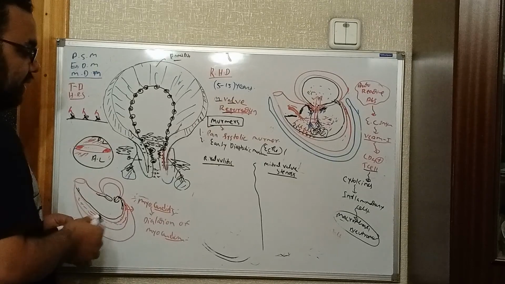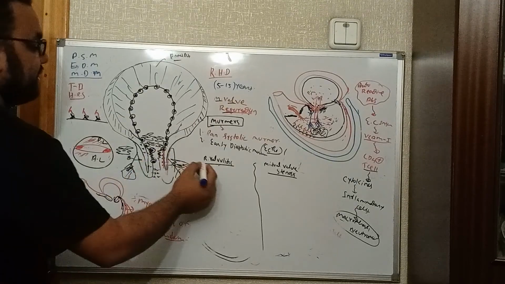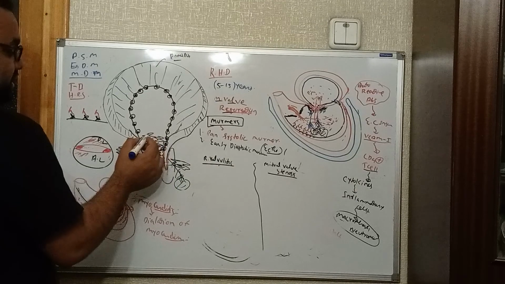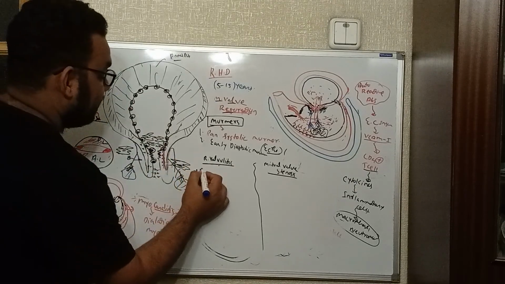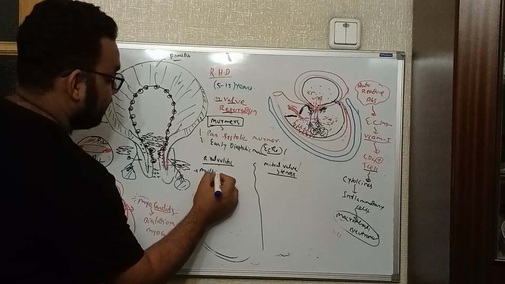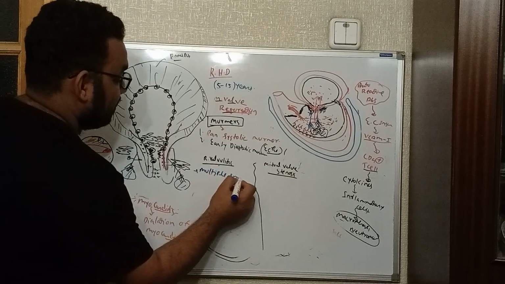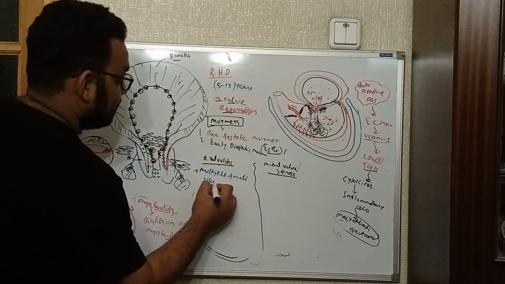First, in case of rheumatic valvulitis, whatever vegetations you see will be multiple and small. So we will see multiple small vegetations over here.